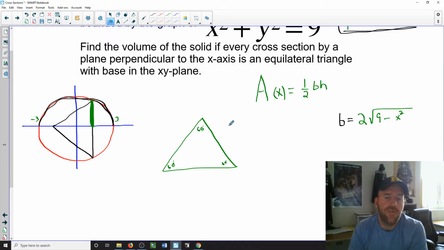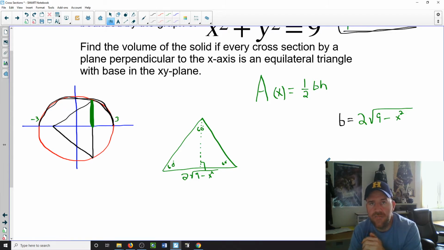We know that one of the side lengths is going to be twice the function length. Now I need the height. The height goes right down the middle. This is our height right here. It's a perpendicular bisector, so here's a 90-degree angle.